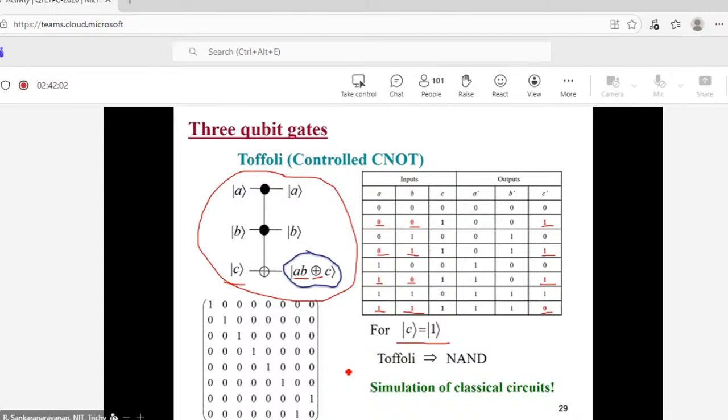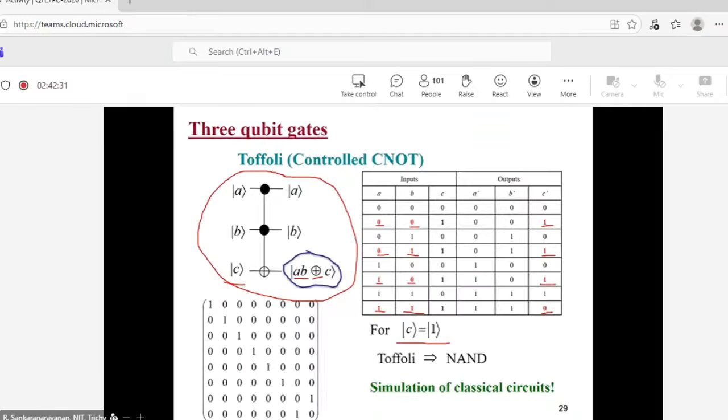So in principle, you can simulate all possible classical circuits from quantum operations or unitary operations. Of course, we are not developing the quantum computer to do the same job as done by the classical computer. We want to exploit quantum mechanics to solve problems which are hard for the Turing machine or present-day computers, right? That is the idea.